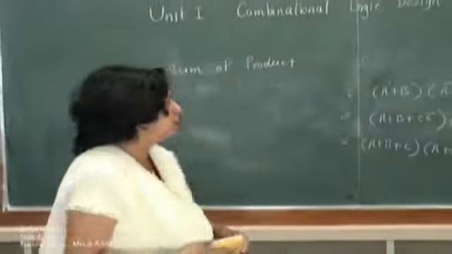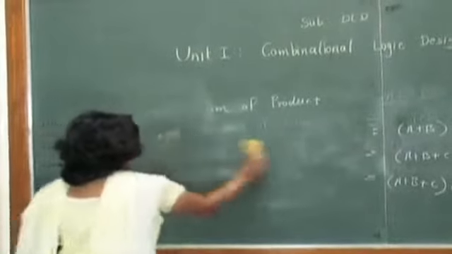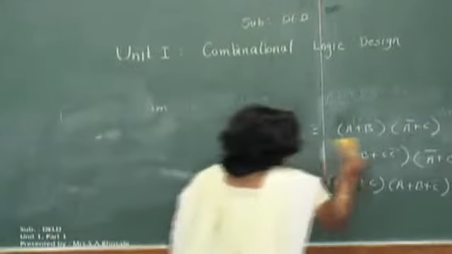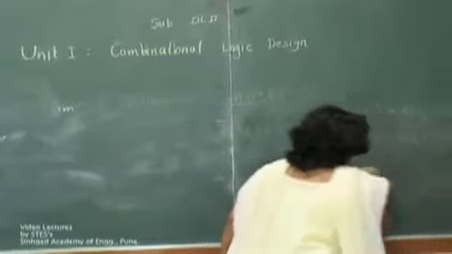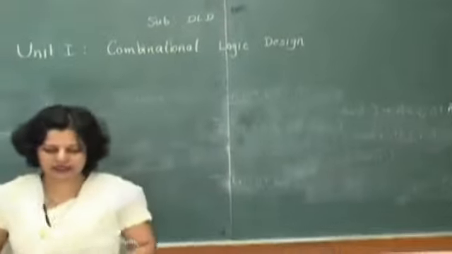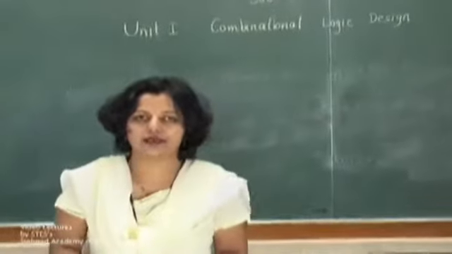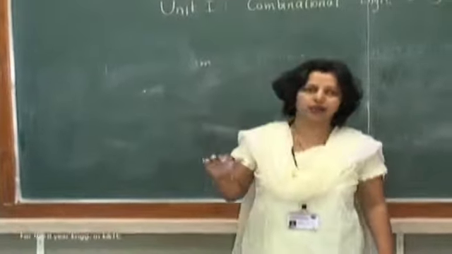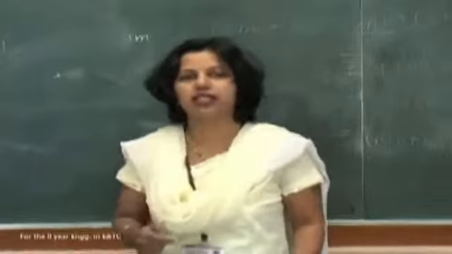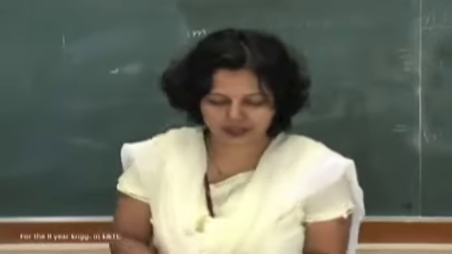So we are going to learn the significance of SOP form and POS form. For that we are going to write down a truth table, or a table for the min terms and the max term. So standard SOP form is called a min term, whereas standard POS form is called a max term. So a table has to be prepared for it.